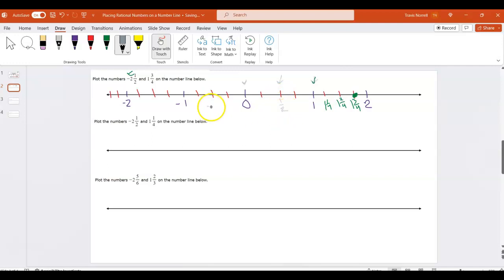So this one would be -1/2. So notice there's 1 dash between the -1 and the -1/2. So here is -2. This one would be that dash that's in between the -2 and the -2 and 1/2. So here is where you would put your points.